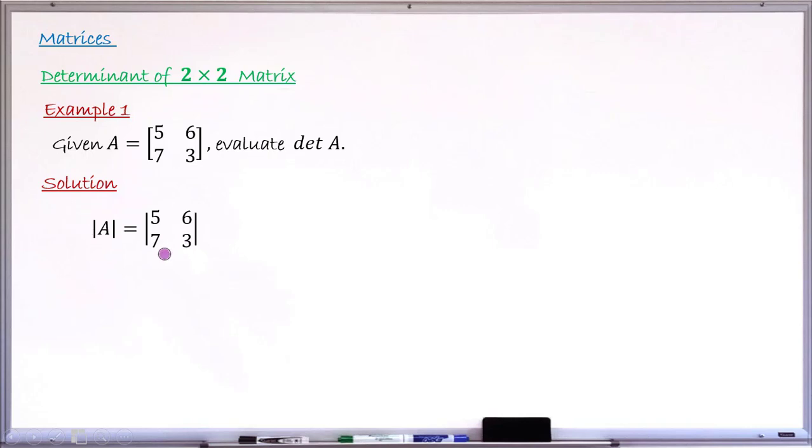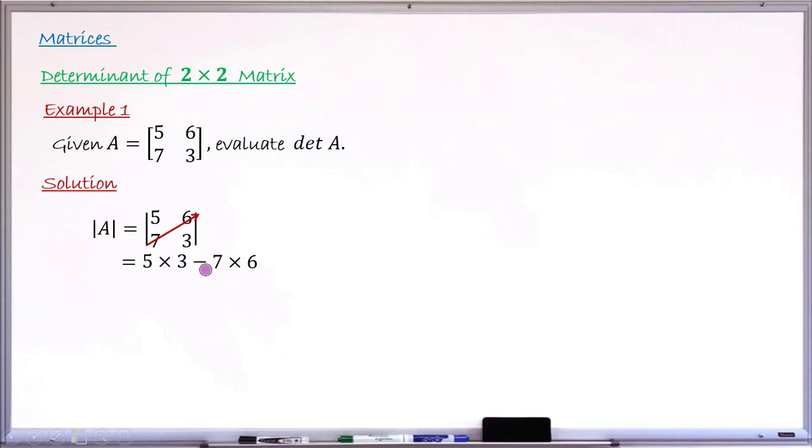According to the rule, we multiply 5 by 3, and that result minus the product of 7 and 6. So let me do that. This is now going to be the determinant: 5 times 3, minus 7 times 6.